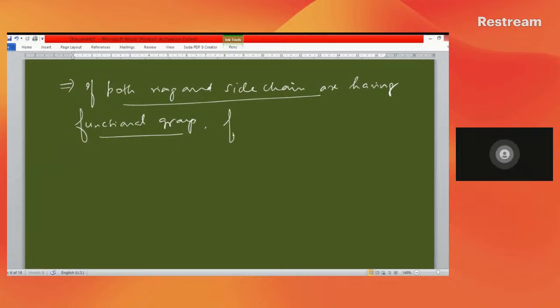The functional group present in side chain can be given preference.